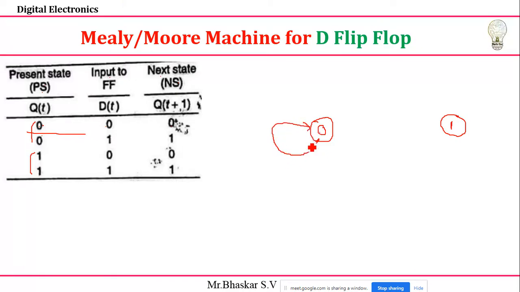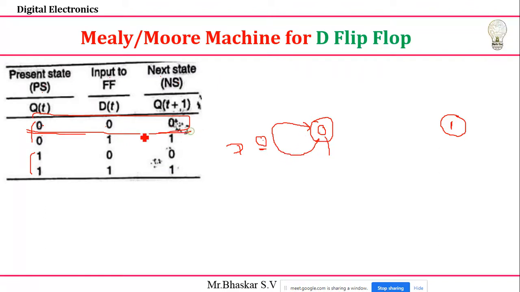When it stays here, my input value is 0. This transition we represent by an arc, and here we represent the D of T value. If the D of T value is 0, it should remain here only.